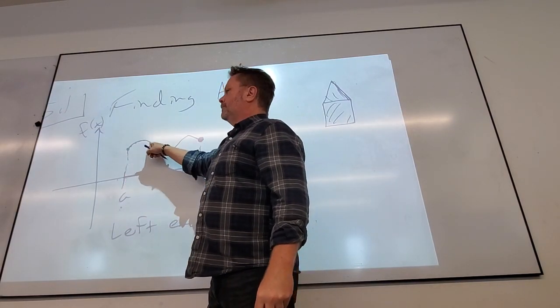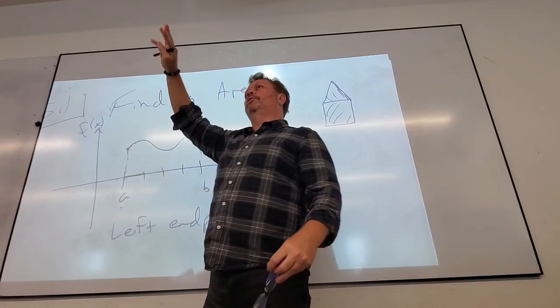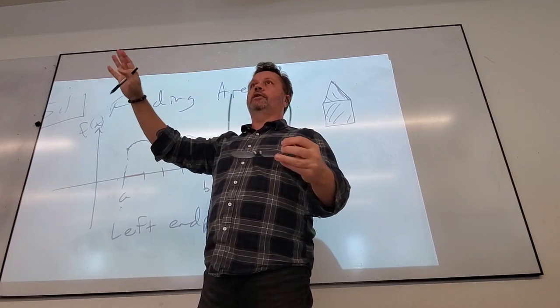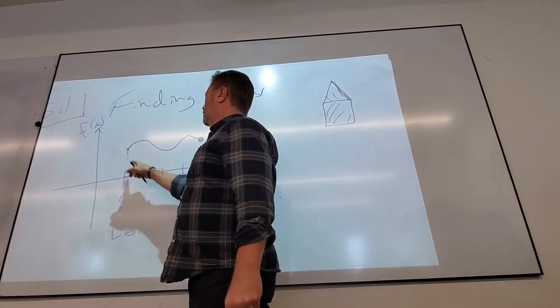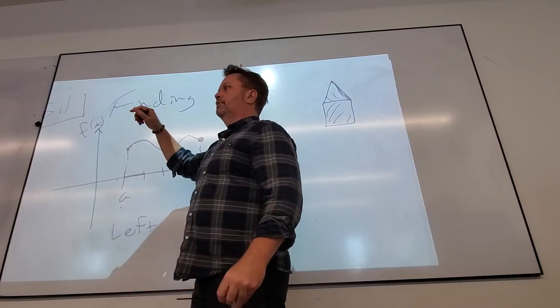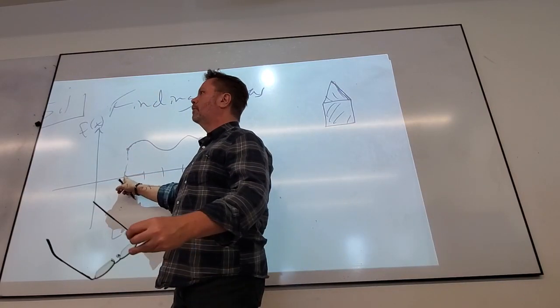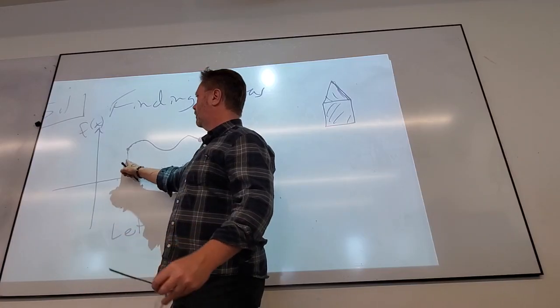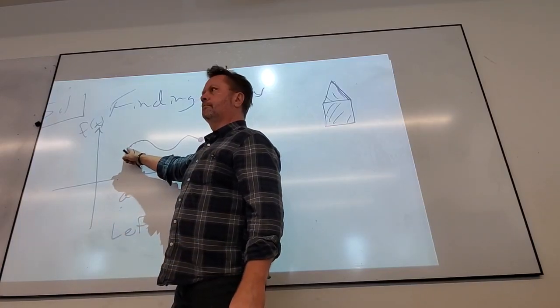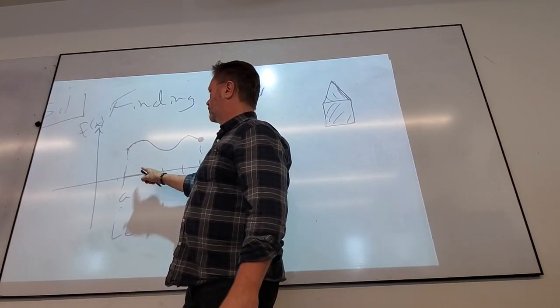I have options. And what we normally do, instead of using infinite possibilities, is just go left, right, or midpoint. If I do left endpoint, my rectangle is going to be as tall as the output at the left side. So I'd go like that. That would be my first rectangle.